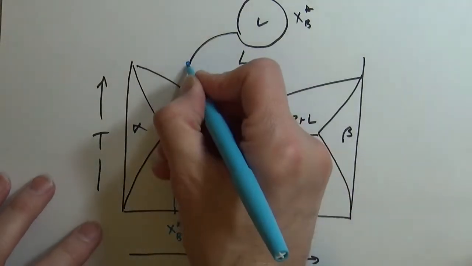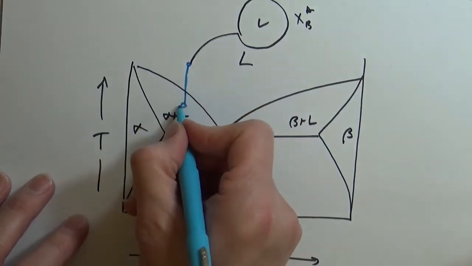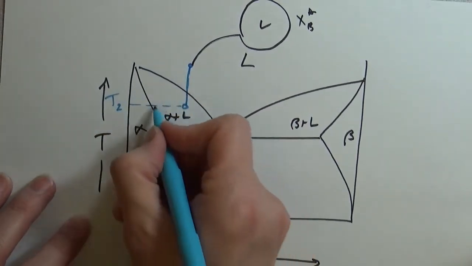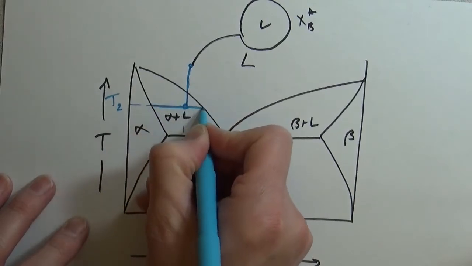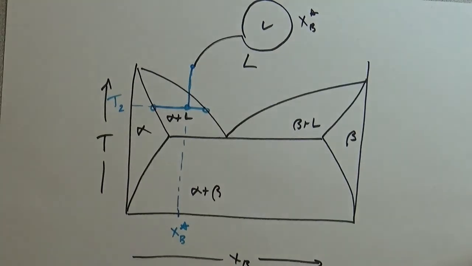We're going to cool this down until we're in the two-phase region. I'm going to call this T2. We draw our tie line, and from our tie line we can determine how much alpha and how much liquid is present.